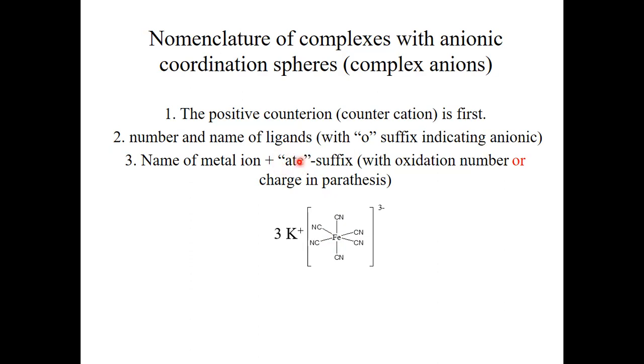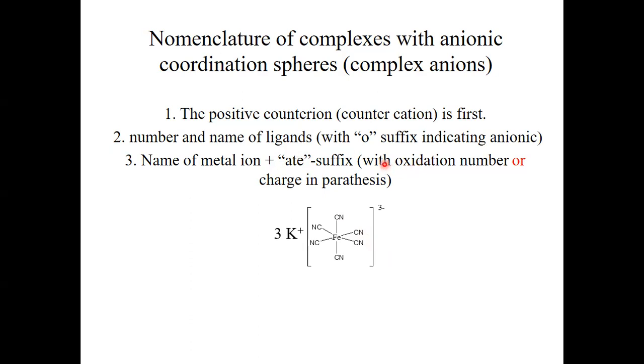Now again, to make pronunciation easier, we remove the ending -um and place the -ate directly after fer, so that gives overall ferrate. This is a general rule that you need to keep in mind: when the metal has a Latin name, remove the ending and attach the ending -ate directly to the beginning of the name.